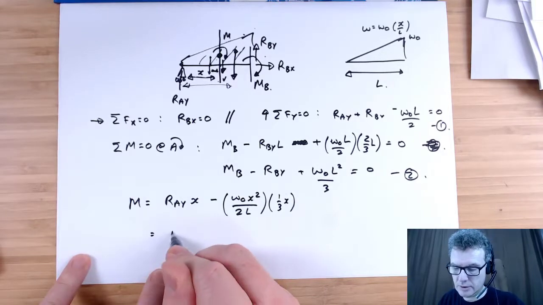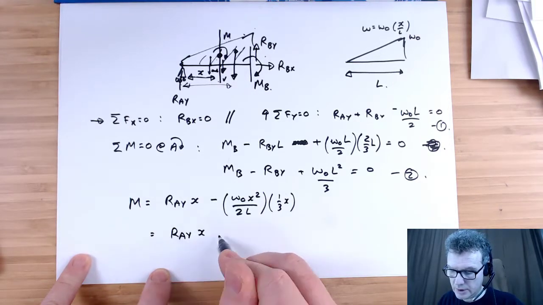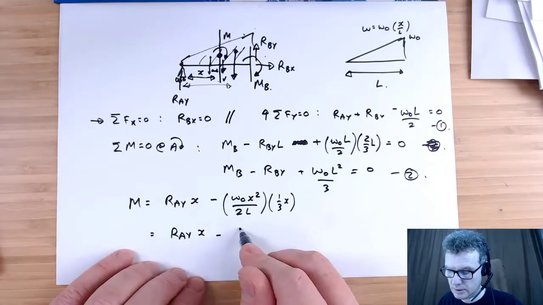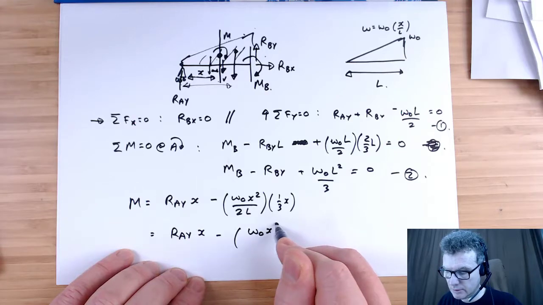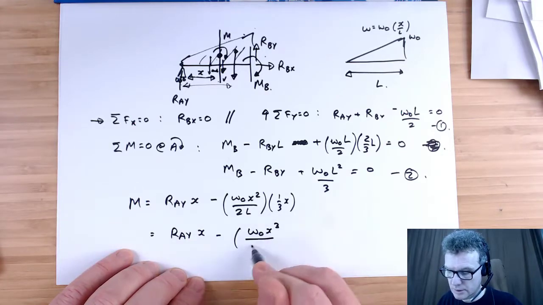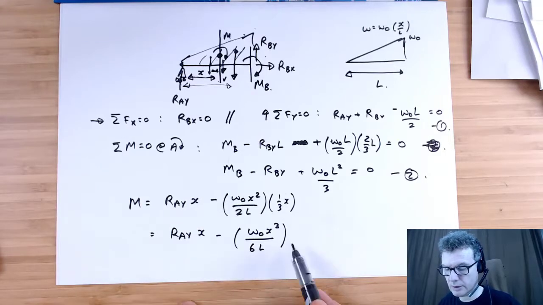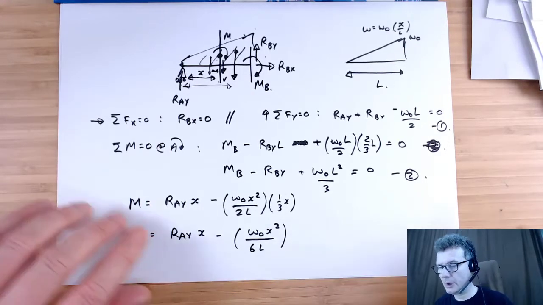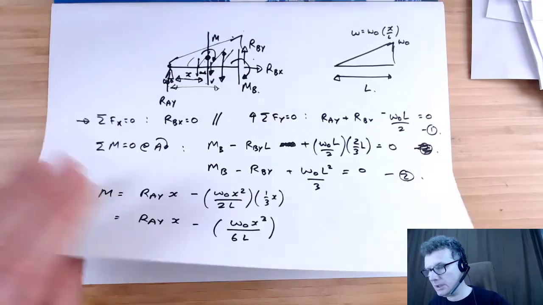Tidy this up, RAY x, take away W0 x to the power 3 over 6L. So I've got an equation for M. Next thing is we're going to stick that in and integrate it twice.